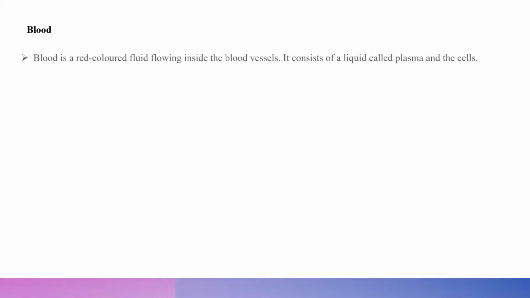Now, what was the next topic? Yes, it is blood. We all know that blood is a red-colored fluid flowing inside the blood vessels, right? It consists of a liquid called plasma and the cells or corpuscles. The blood cells are of 3 types: RBCs, WBCs, and platelets.